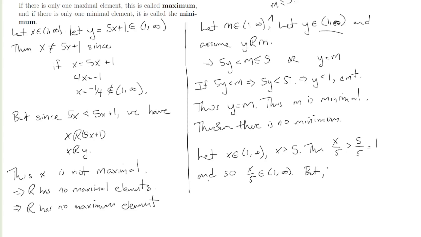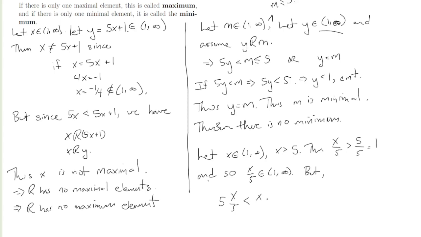But is that what I want? X divided by 5 times 5 is certainly less than x? No, it's not. That's equal to x.